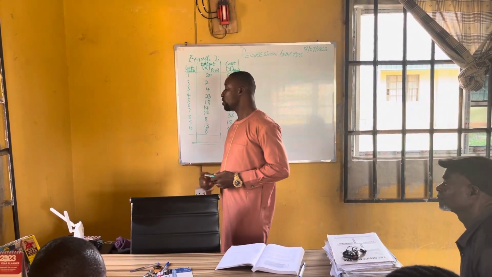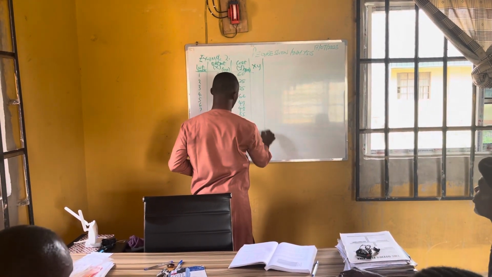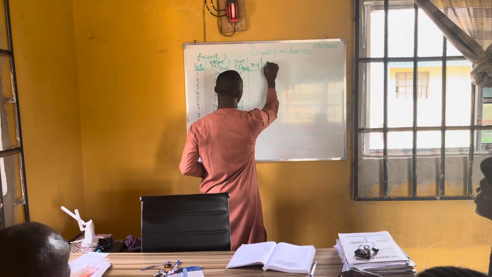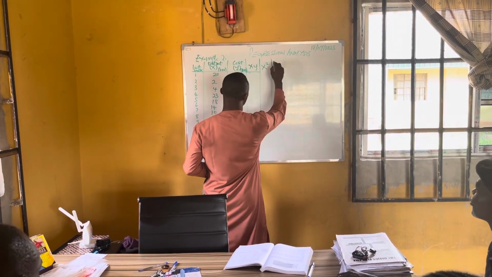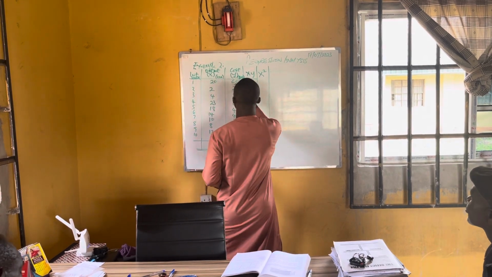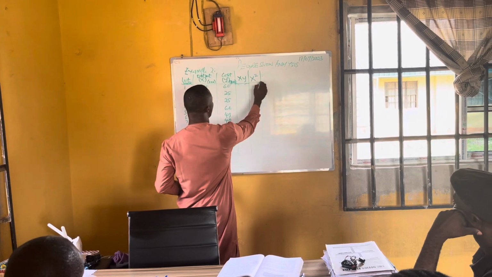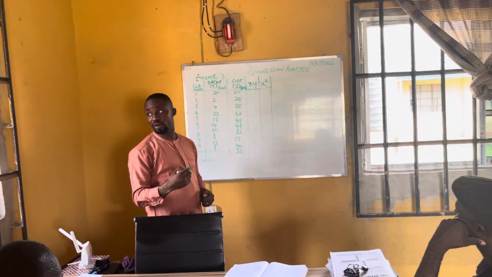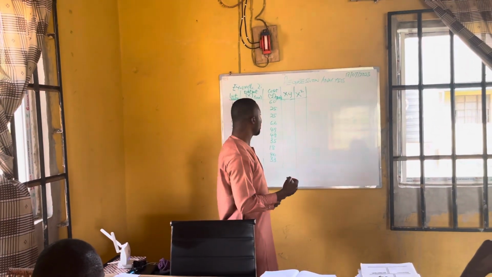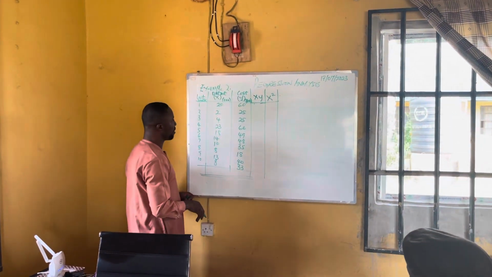So we have to create X and Y, and then also X squared. We already have Y. The requirement according to the regression model is that we must create X, Y and X squared.